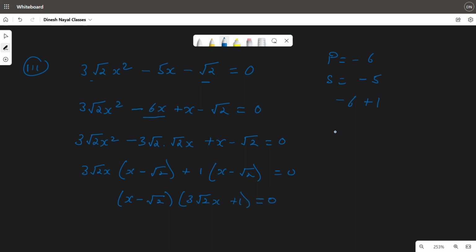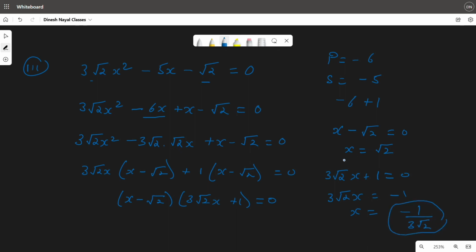Now we have to find the roots. Taking x minus root 2 equals 0, x will be root 2. Now 3 root 2x plus 1 equals 0, so 3 root 2x equals minus 1. So x will be minus 1 upon 3 root 2.